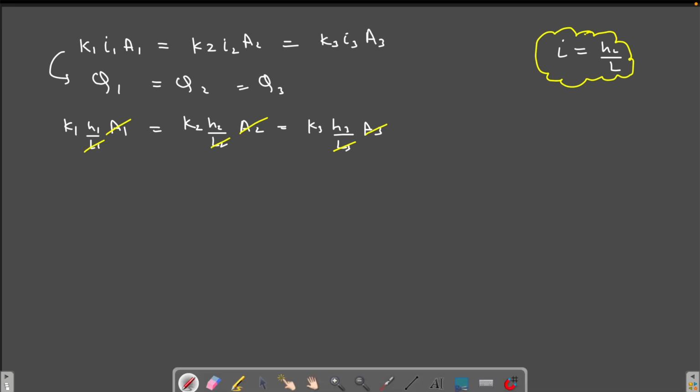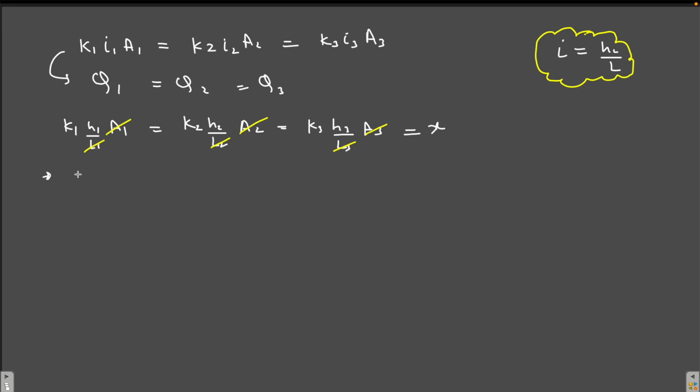Now let's write this as equal to X. Now can I write H1 as X by K1, right? H2 as X by K2, and H3, the head loss at 3, is X by K3, right?